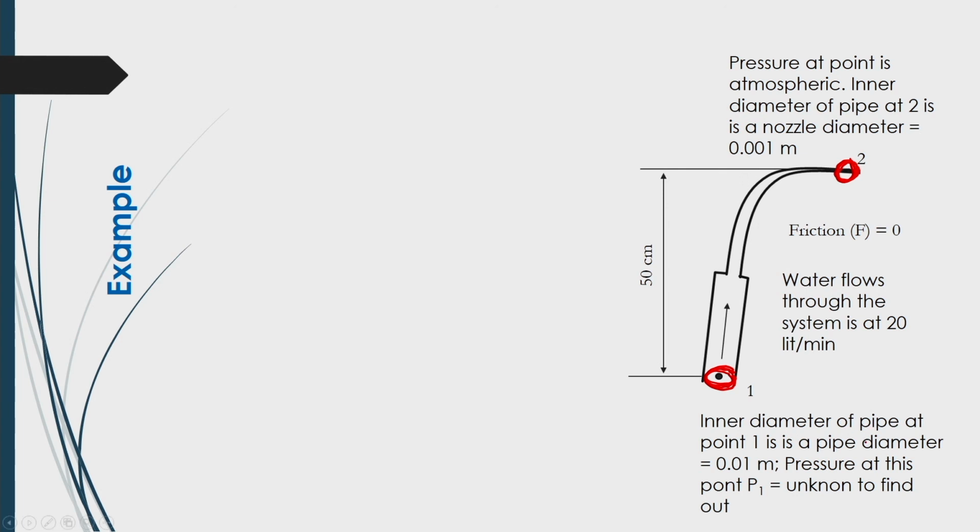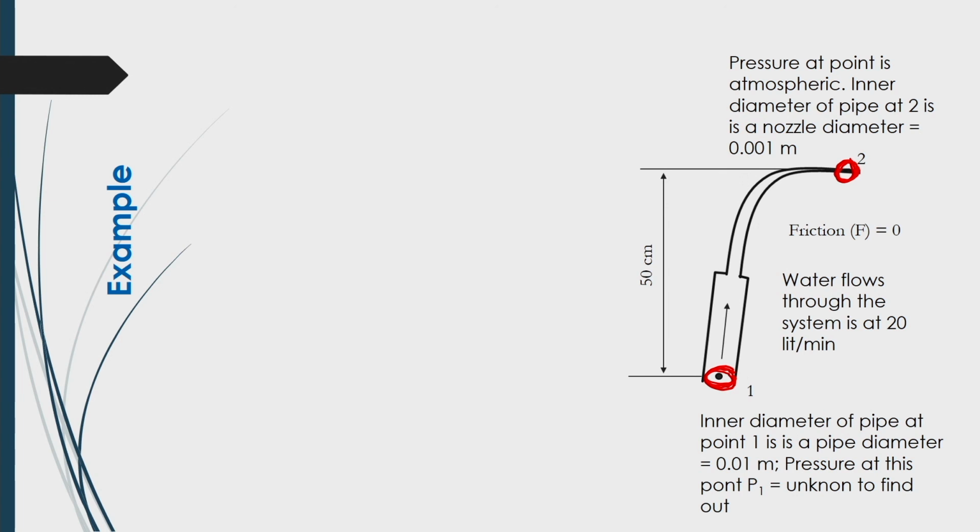Pressure at point 1 is unknown and you have to find it out. The elevation of point 2 is 50 centimeter. There is no friction. Water is flowing through the pipe and nozzle at a rate of 20 liter per minute.